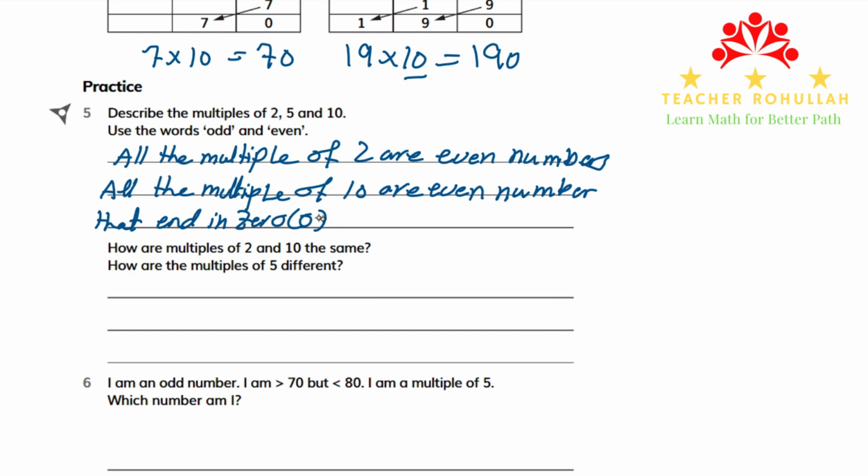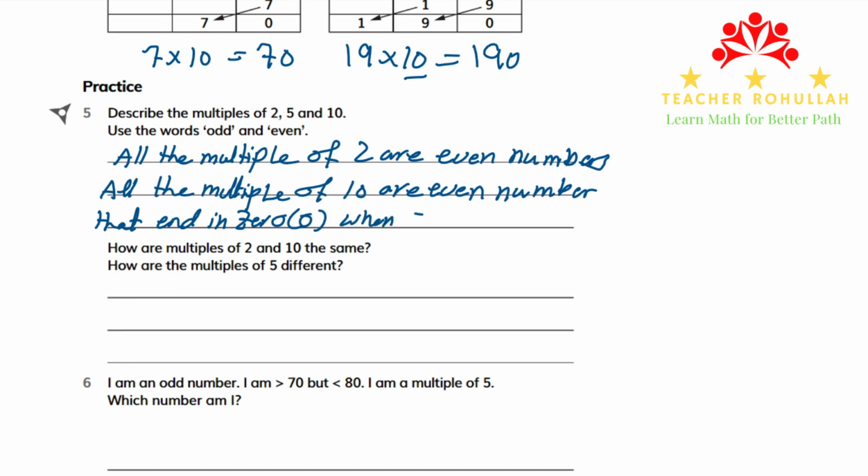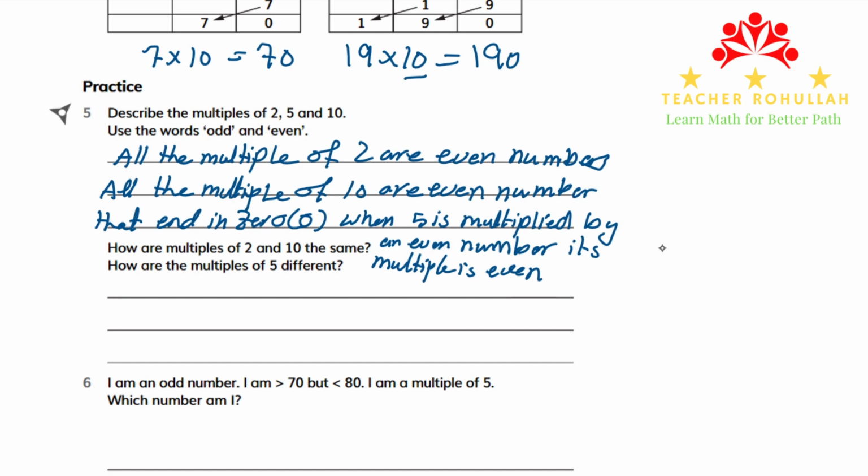So for the multiples of 5, let me write here. When 5 is multiplied by an even number, its multiple is even.